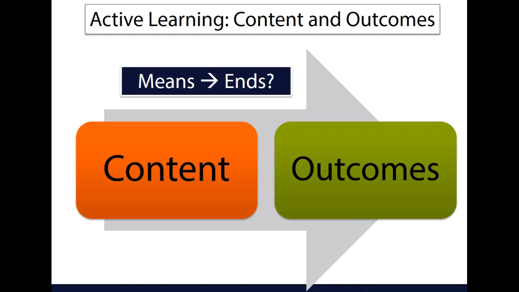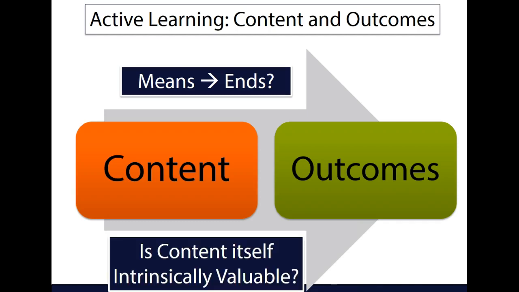In active learning, it is likely the case that the content is critically important, but it is not intrinsically valuable, right? It is there and super important, but what really matters is not this kind of acquisition of content, whatever that means, but what students can do with the content.